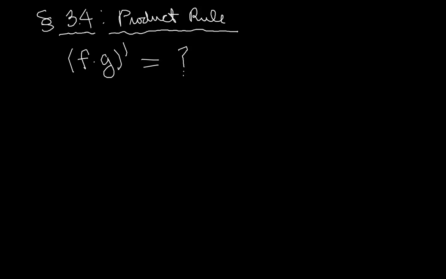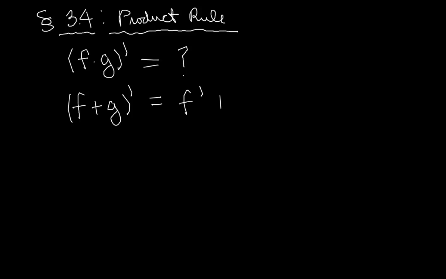If I take f and g, two functions, and I want to take the derivative of the product, what's it going to be? If one had to guess, one might first remember what the derivative of f plus g would be if you just took the sum of two functions. Well, that was pretty easy.